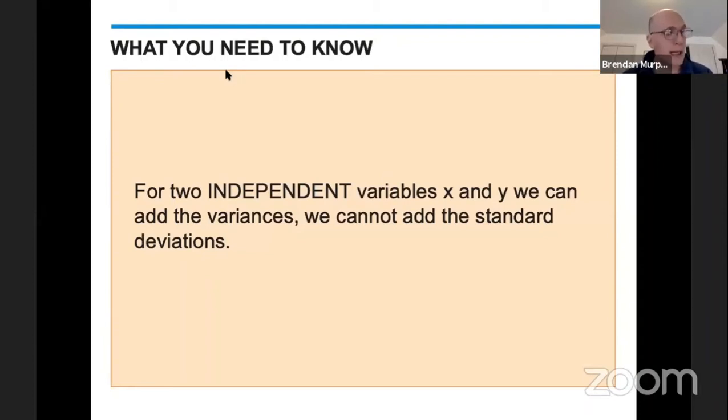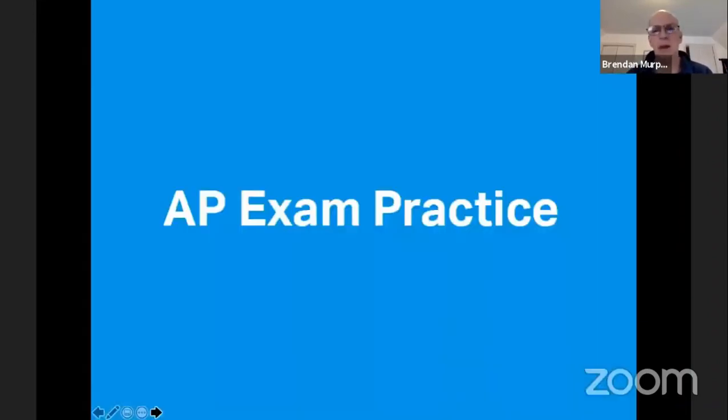So I can add and subtract means. That's logical. I can add variances, assuming my events are independent. I cannot add my standard deviations. I have a couple problems that will hopefully get to that, and that's at times difficult for my students.